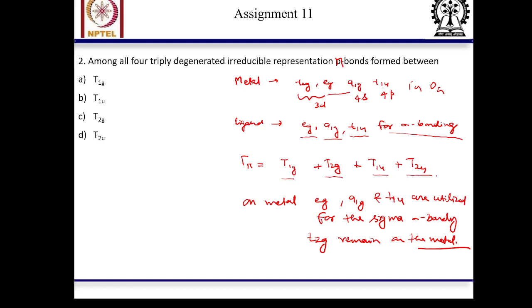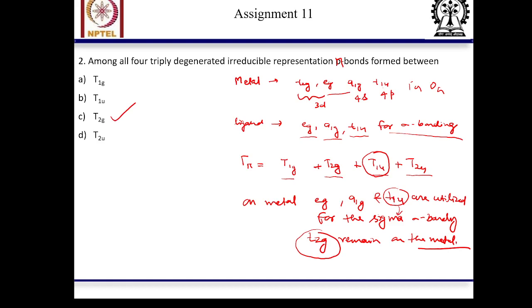So if we see the pi symmetry, we have T1g, T2g, T1u, and T2u. The answer can be T1u also, but the T1u orbital of the metal is already utilized in the sigma bonding. So only T2g remains, which will form the pi bonding for these complexes. So T2g is the correct answer for this question.